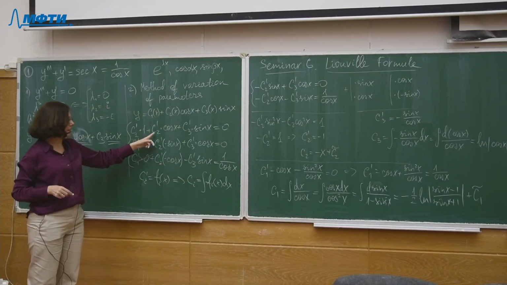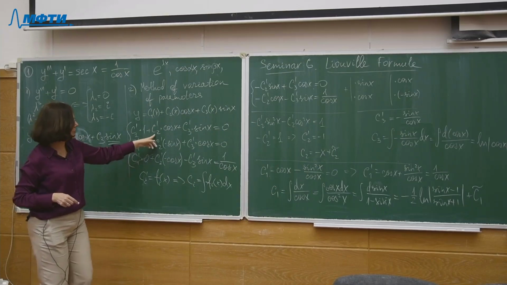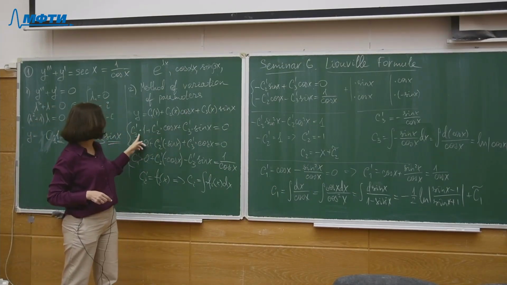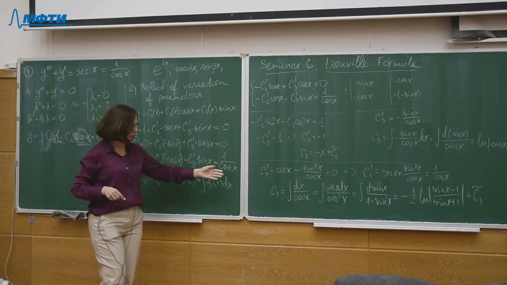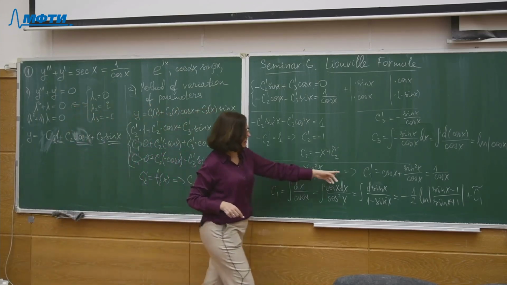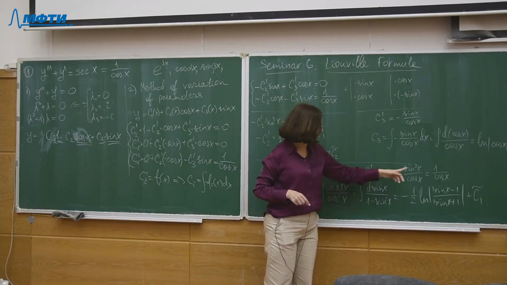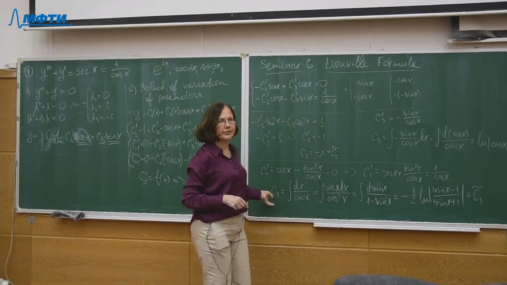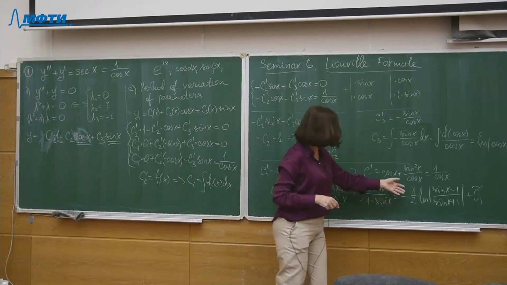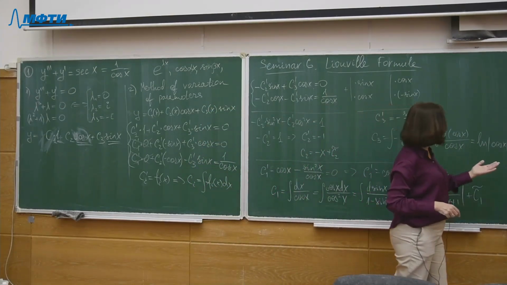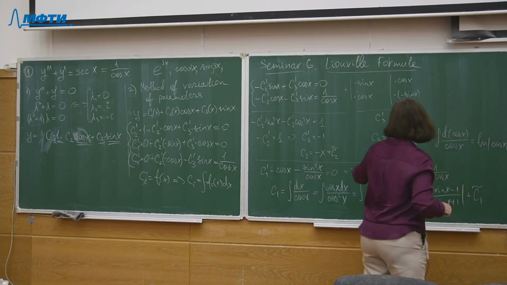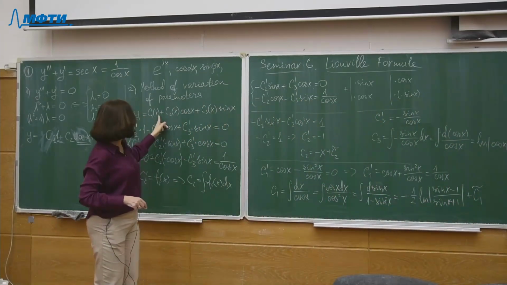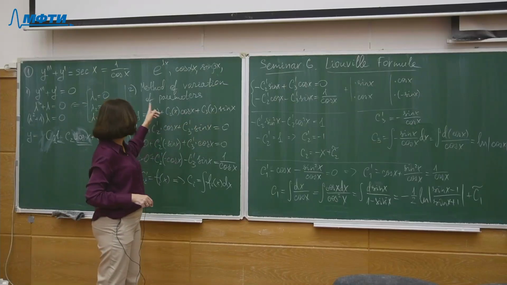I substituted the formulas for C2 prime and C3 prime into the first equation and found the formula for C1 prime and integrated. So this is the formula for C1 prime. It is 1 over cos x. After this, I integrated and found C1. This is the formula for C1, and the answer is obtained by substituting these functions C1 of x, C2 of x, and C3 of x into this formula.